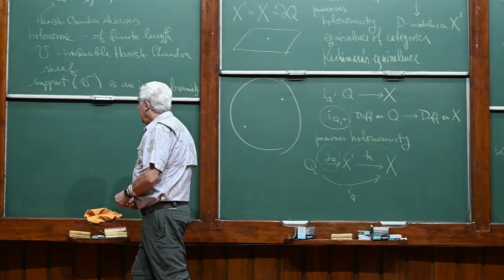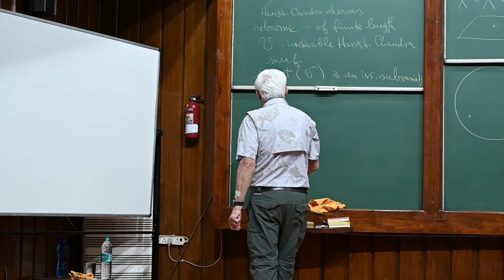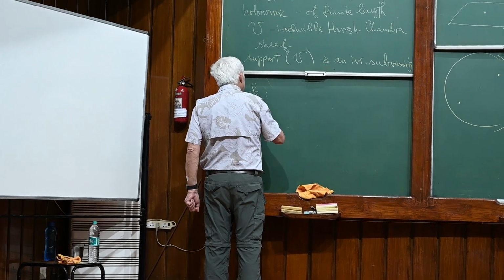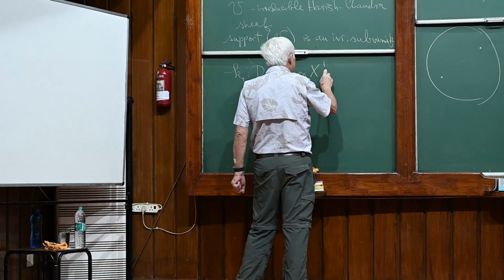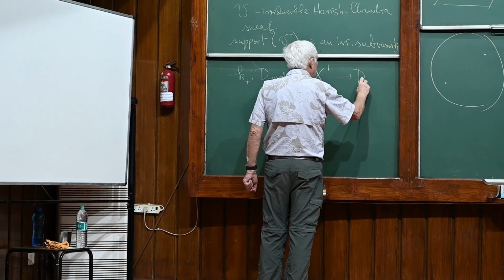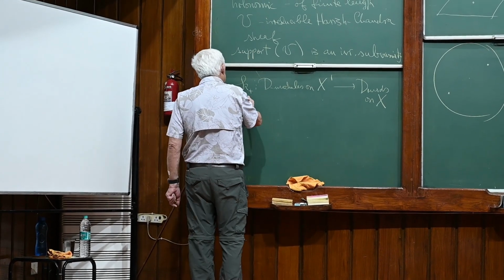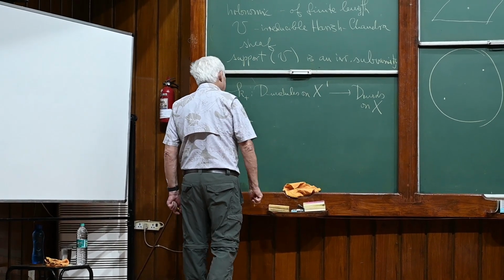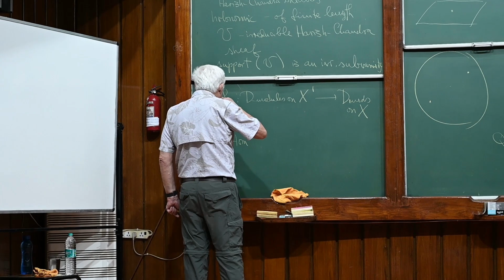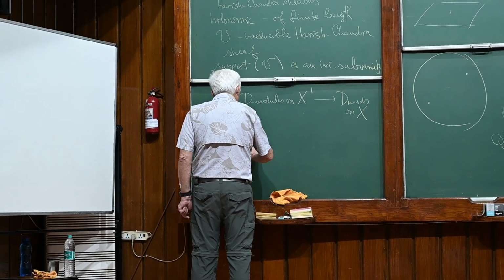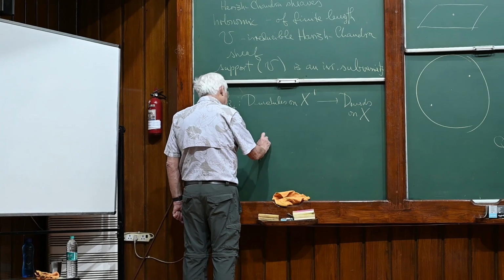If I look at k plus, it takes D modules on X prime into D modules on X. And as I said, k plus is a sheaf theoretic direct image, and we have the adjointness: Hom in the category of D modules, now I am just improvising the notation, not to make it too complicated.